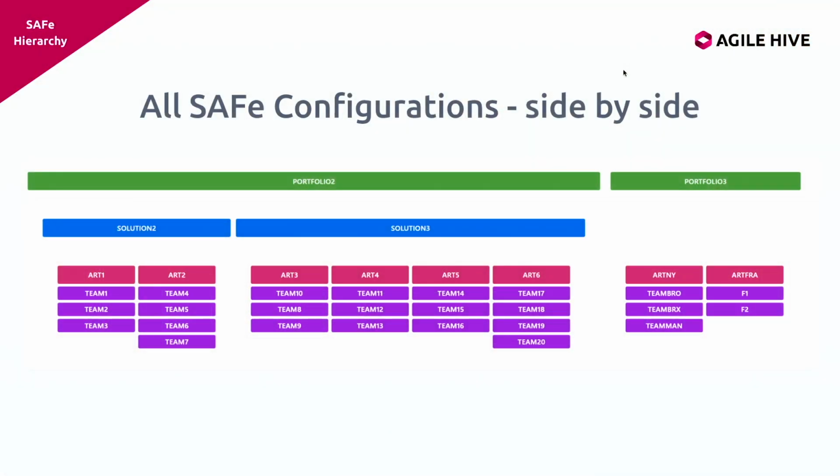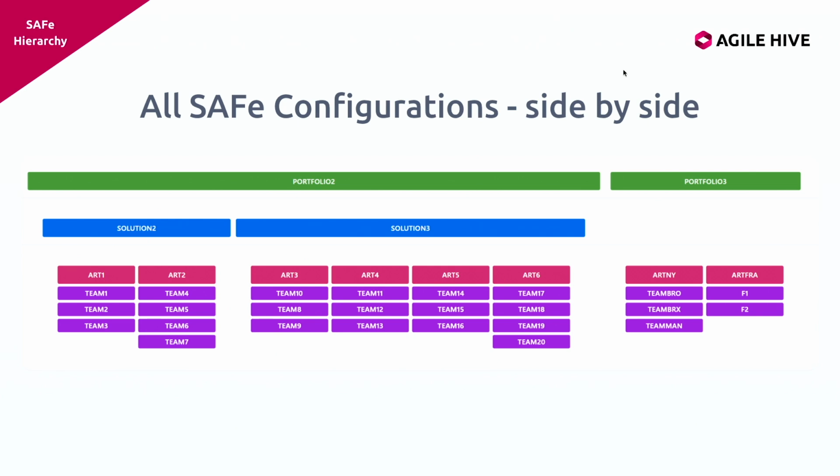So if your customer, a big company, wants to implement SAFe with different configurations, they can do it. On the left side, Portfolio 2 is a so-called full SAFe configuration with all the levels included. On the right side, with Portfolio 3, we are skipping the large solution.